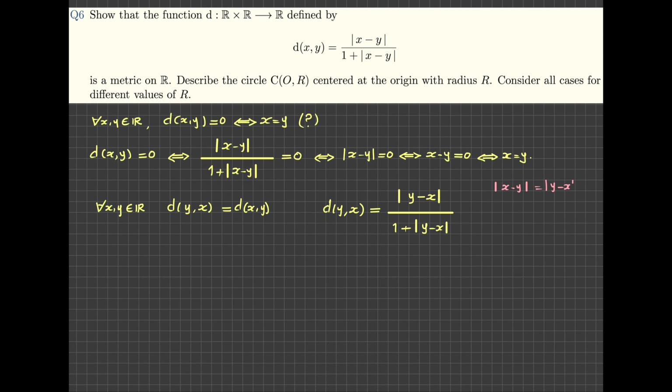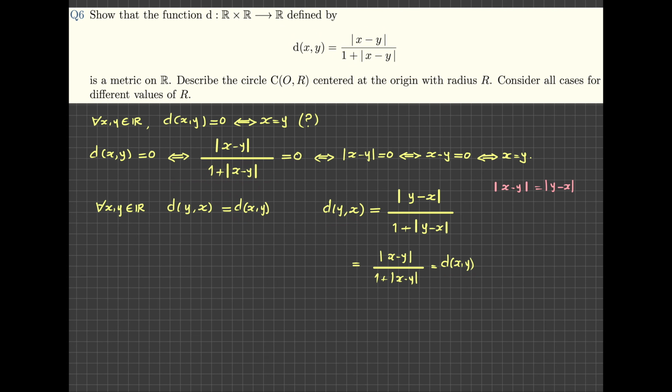So in that case, I can just replace it and write it as the absolute value of x minus y over 1 plus the absolute value of x minus y again, but this is exactly d(x, y). So we showed that regardless of my choices of x and y, this is equal to that one.